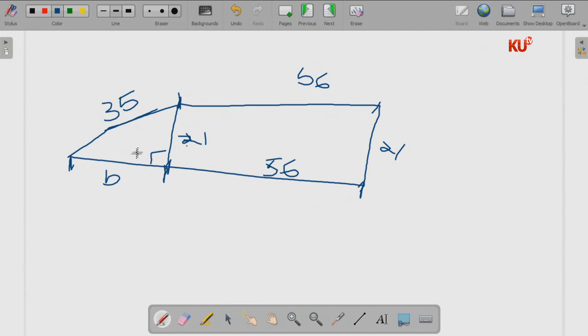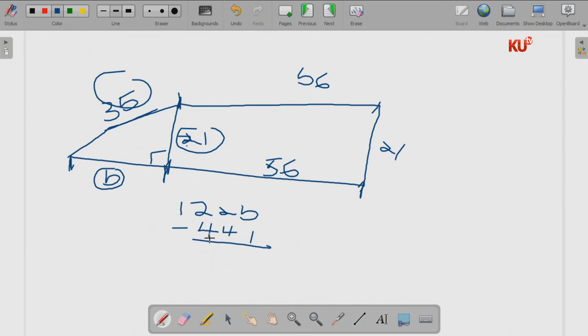When you have hypotenuse 35, now we use Pythagorean theorem to get this one, base, which is the shorter side. And we said, getting the shorter side, we take away. So 35 times 35, 1225. Then 21 by 21, 441. And we are taking away because we want the smaller side. We will get 784.